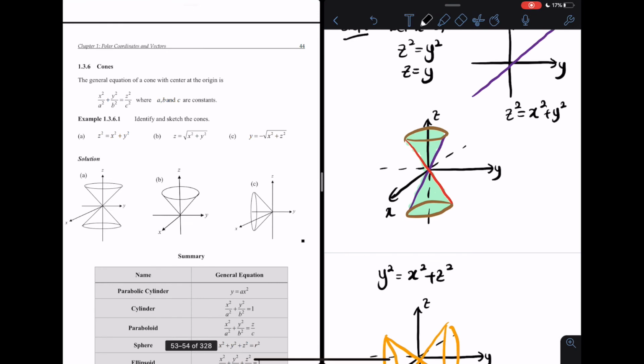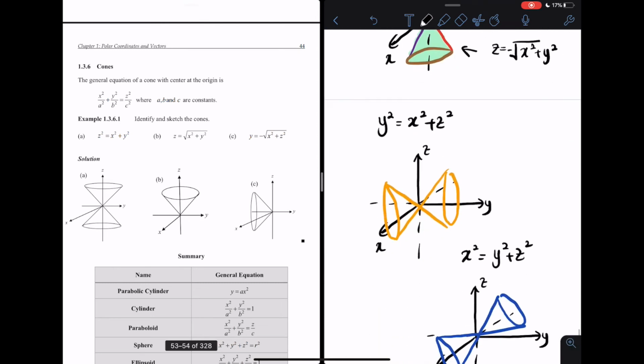By eliminating the squared notation on the left hand side, you get z is equal to plus minus square root of x squared plus y squared. So the best equation to represent the upper part of the cone is z is equal to positive square root of x squared plus y squared. Hence, this one can be represented by z is equal to negative square root of x squared plus y squared.